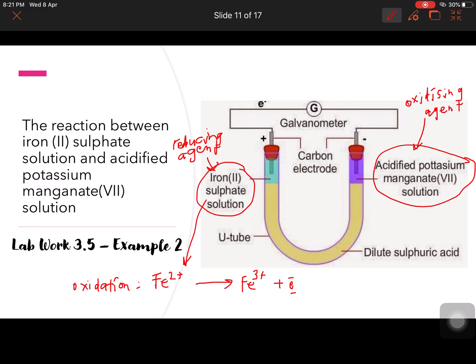Then electron yang dia release akan moves into the external circuit to oxidizing agent. Sampai at oxidizing agent, the one that will accept either potassium or manganate. Manganate, right? Untuk reduction. Reduction, dia akan gain electron.